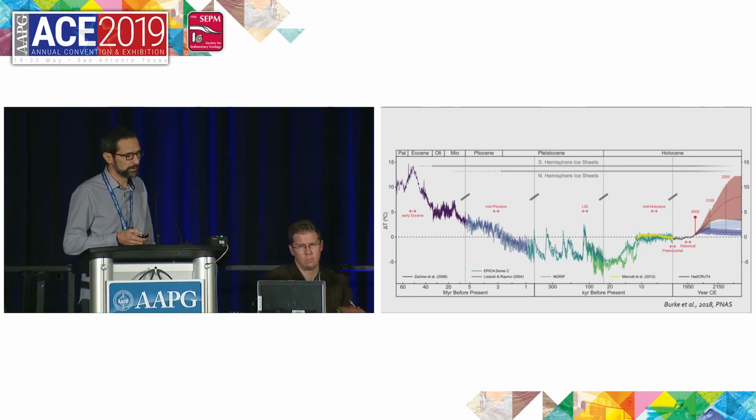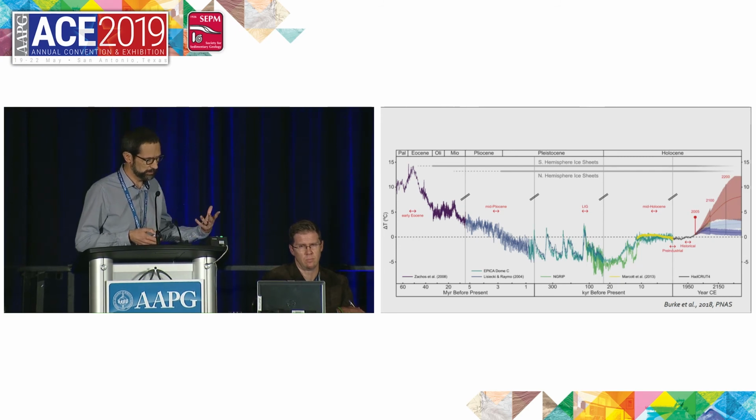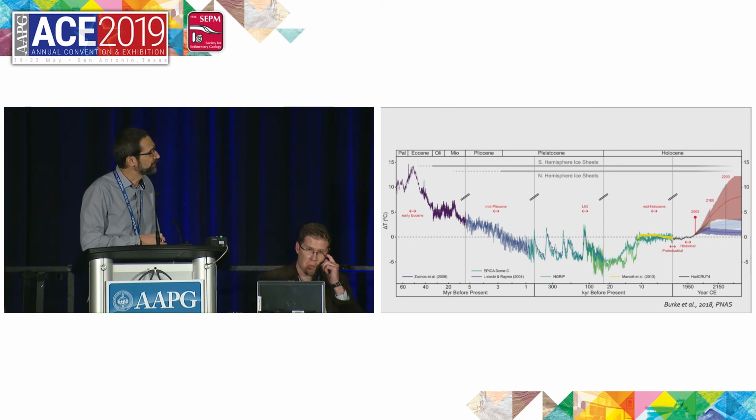This is obviously a temperature record going back in time until about 60 million years, back to the Eocene. And what you can see on the right, there is 2005. I think this line is 2018.